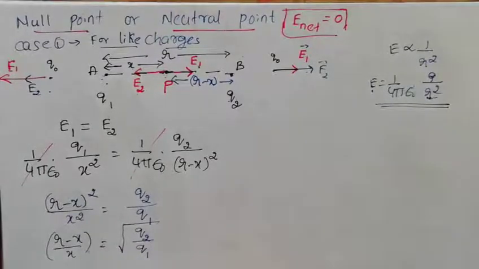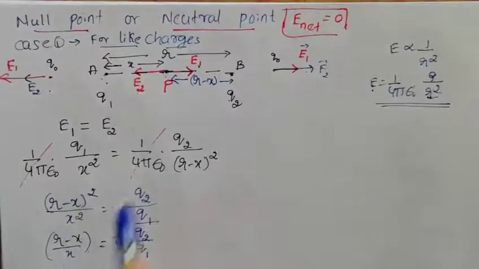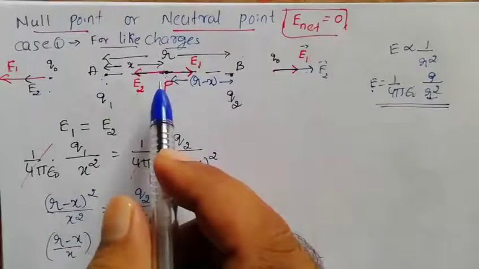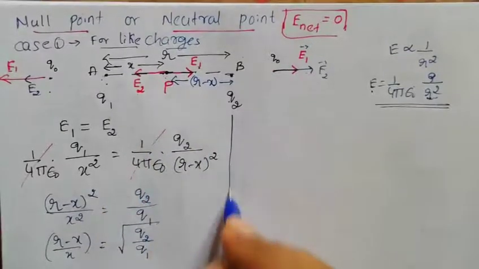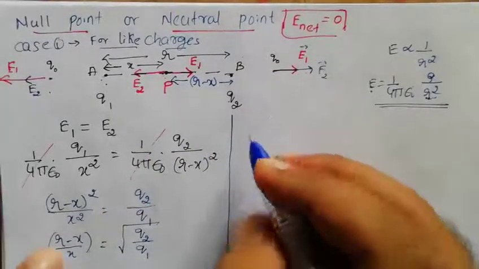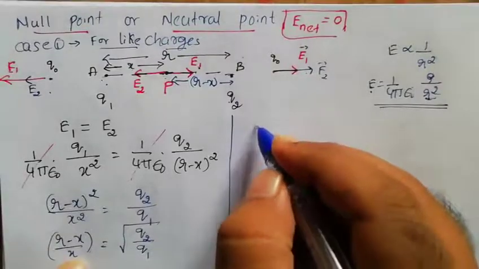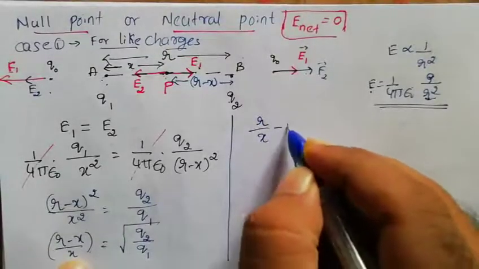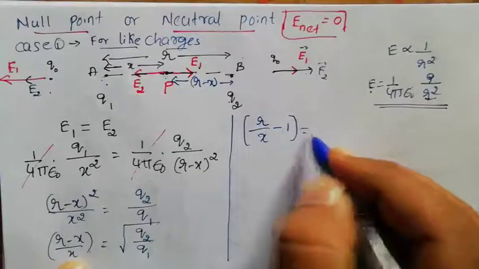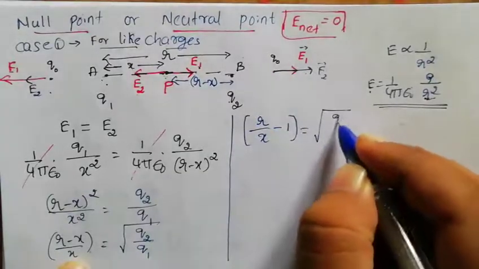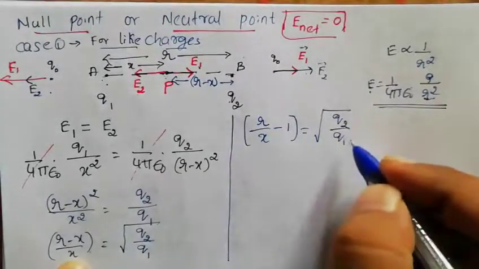Now here we want to know what? The value of X, meaning at what location we can find the net electric field to be 0. So let me simplify the denominator: R by X minus 1 is equal to square root of Q2 by Q1.